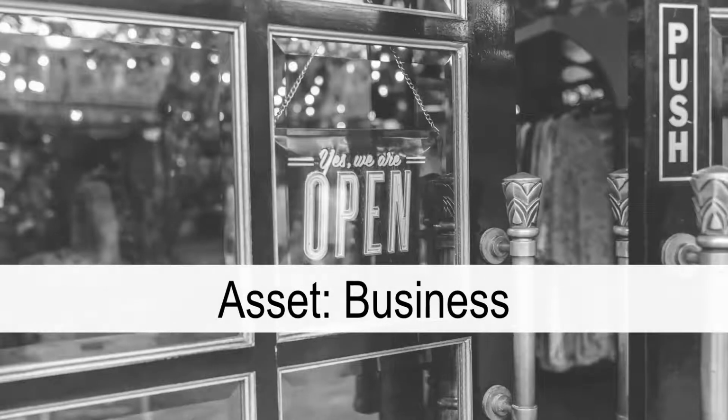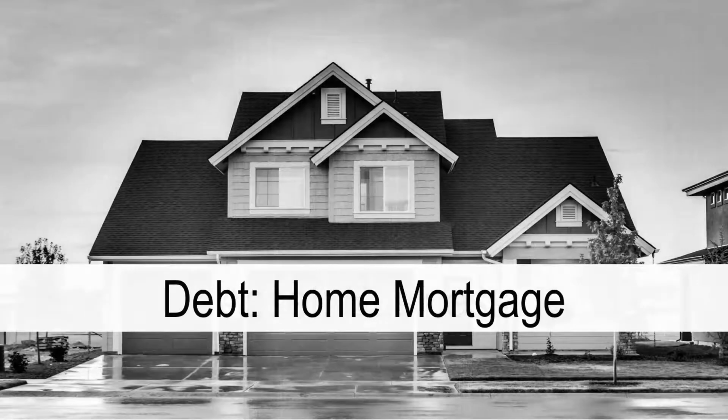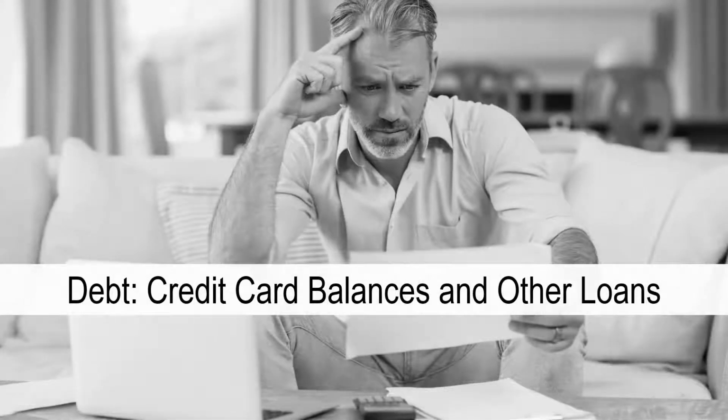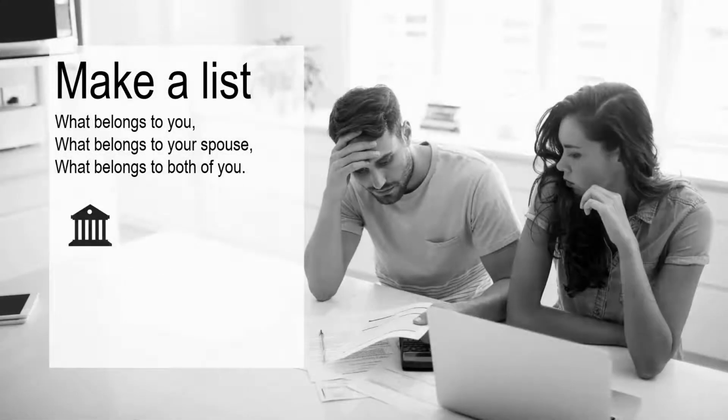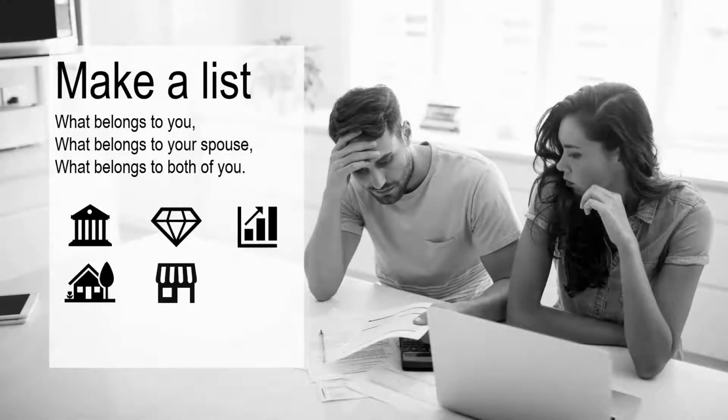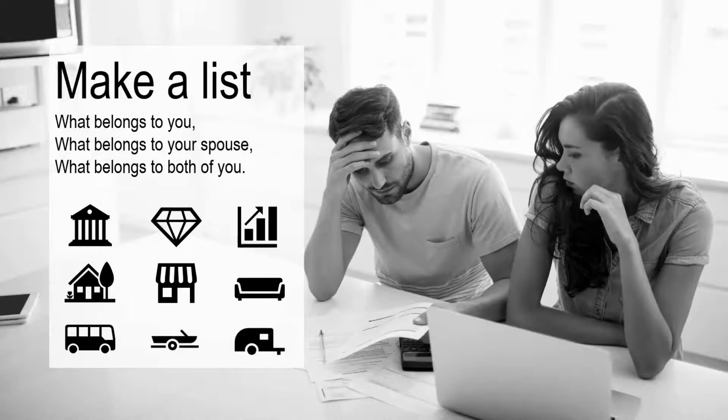Examples of debts include a home mortgage, credit card balances, other loans. Even if you do not want to deal with these issues, or even if you divided your property informally when you separated, California law requires you to list in your court forms any assets and debts that belong to you, your spouse, or the two of you together.